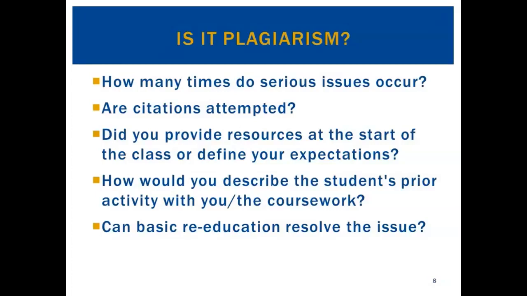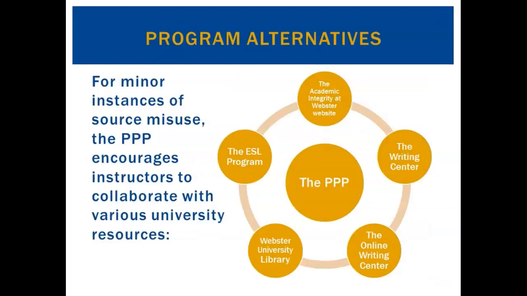Right, and there's a big difference between plagiarizing sections of a paper and not citing a source properly. So if the student needs to learn how to cite sources properly, there are other places on campus where the student can get help, and that brings us to the next slide, which is the fact that we really encourage instructors to collaborate with various university resources.